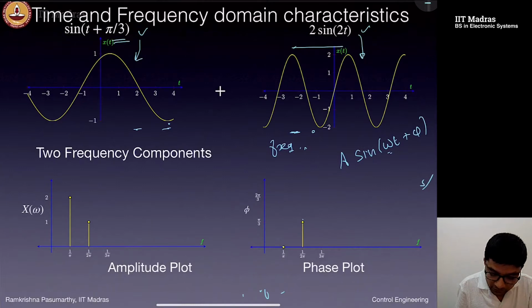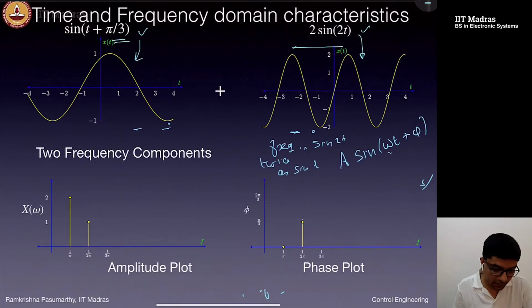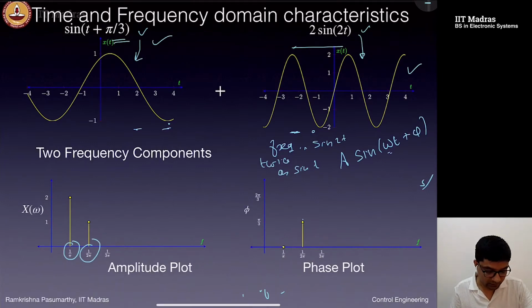The frequency of sine 2t is twice that of sine t. I'm not worried about the pi by 3. So I have two frequency components here: one at 1 over pi, representing this signal, and a second at 1 over 2 pi, representing sine t plus pi over 3.